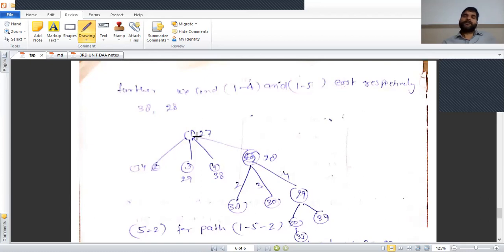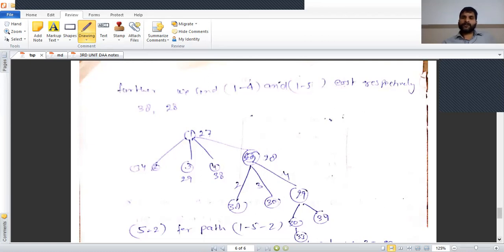If we travel node 1 to 5, then from 5 we travel to other nodes like 2, 3, 4. Similarly, we calculate the reduced cost matrices for 5 to 2, 5 to 3, and 5 to 4, and we find the reduced cost for 5 to 2 equal to 38, 5 to 3 equal to 30, and 5 to 4 equal to 29.